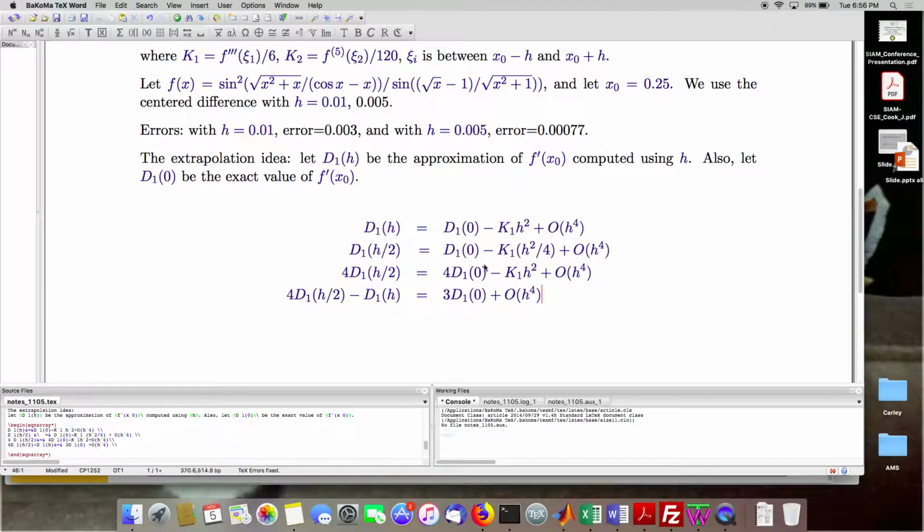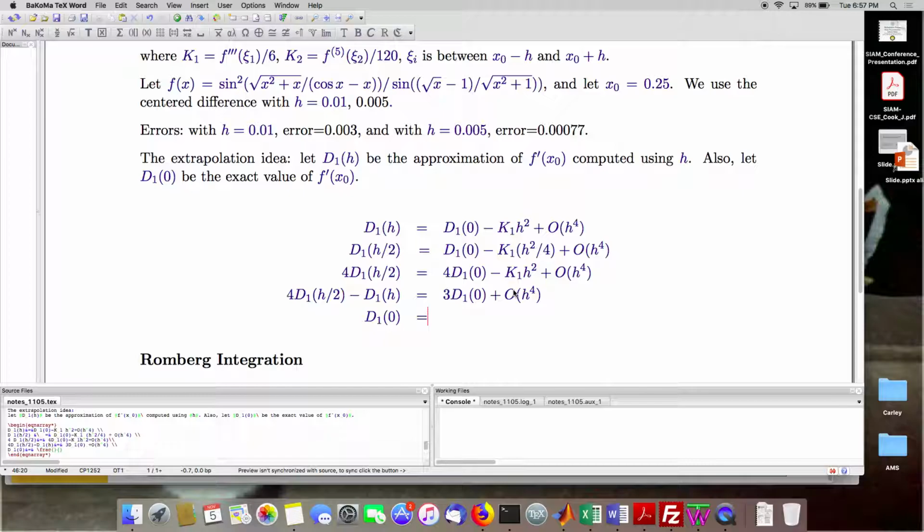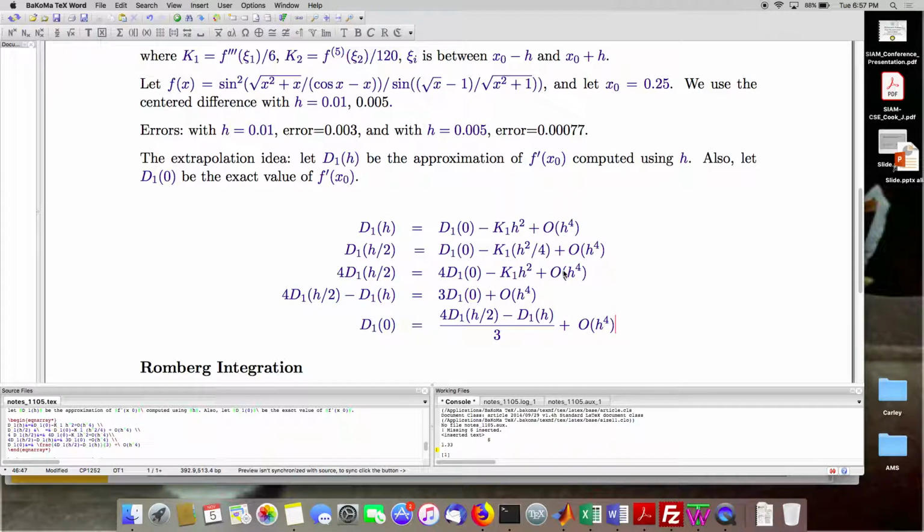So now I can rearrange and solve for the exact value. So that's going to be this expression over 3. And then what's left is order h to the fourth.